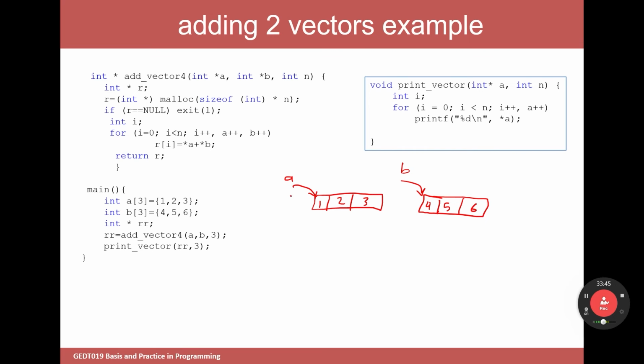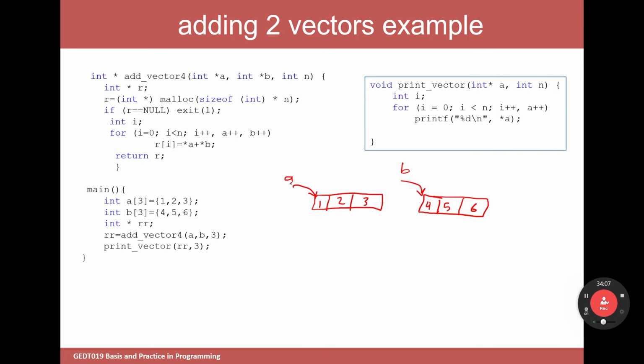Now, what I'm doing here, I make a loop. In this loop, I say from 0 to n. N is 3, so from 0 to n means 0, 1, 2. And then I say the value of A, the value of this pointer.